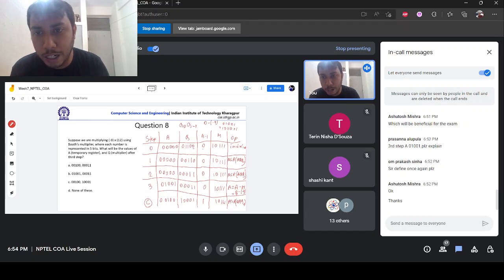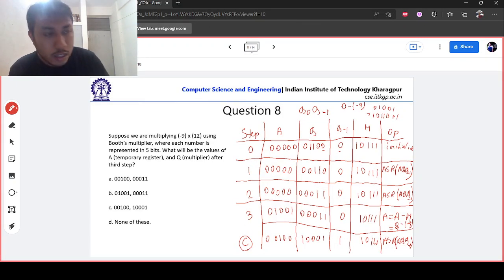Now in step 1, what does the Booth's multiplier show? It always checks these two, Q0 and Q minus 1. This one is Q0 and this one is Q minus 1.